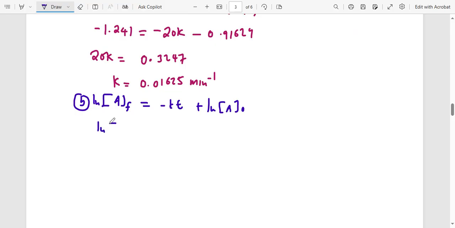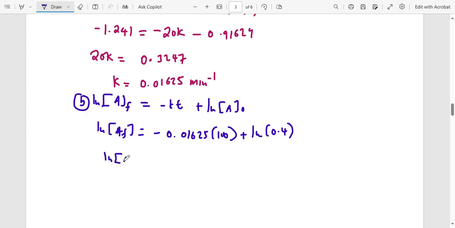So we substitute negative, remember the k we found, 0.01625, times the time, after 100, plus natural log of the initial concentration, 0.4.